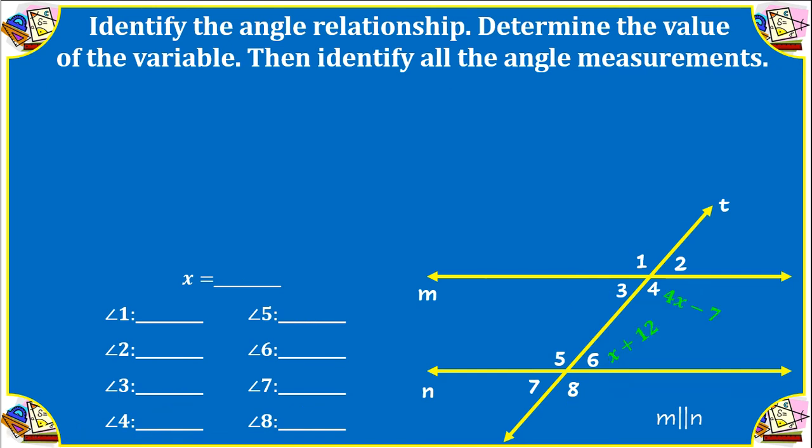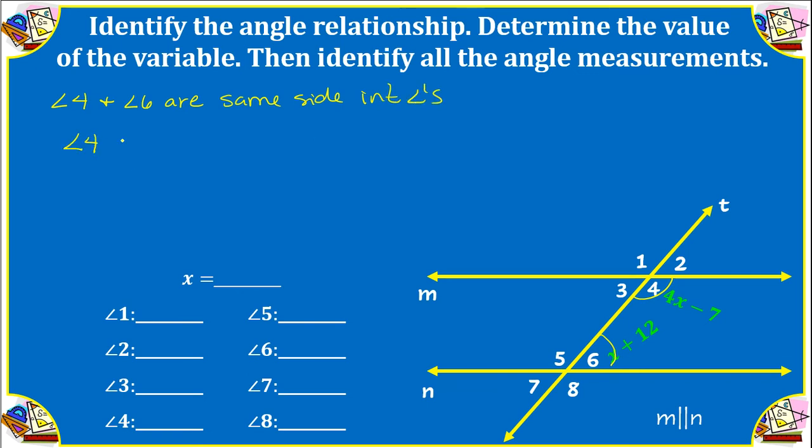Okie doke. Let's see, we have our interior linear pair. They're not the same side interior pair. They are linear, they are supplementary. So angle 4 and angle 6 are same side interior angles.